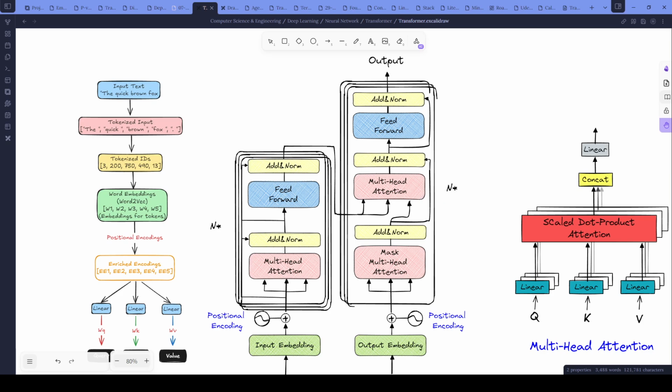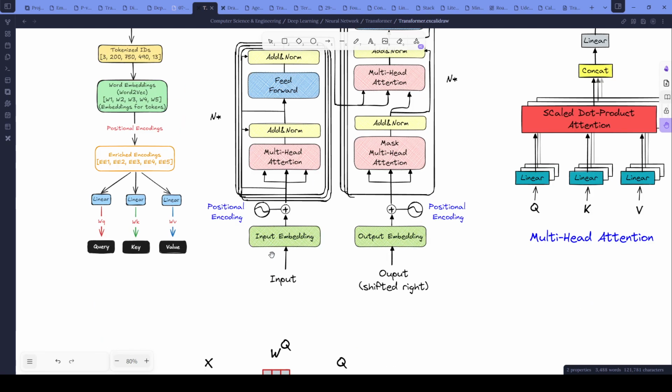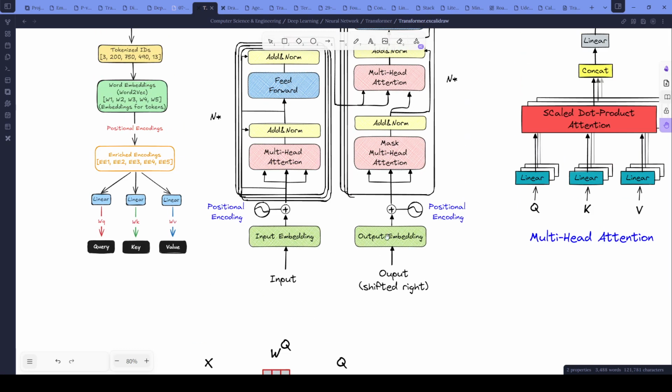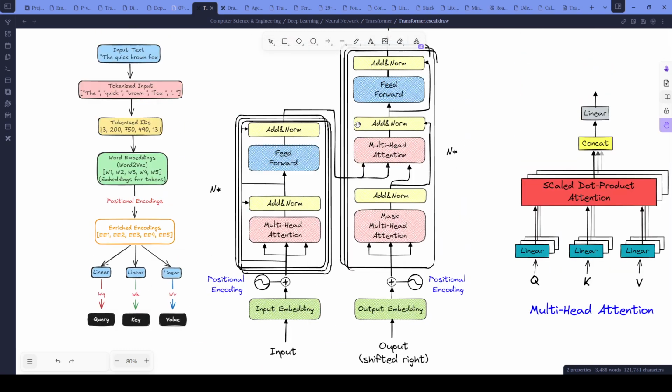In the beginning, just like the encoder, the decoder takes the input text as output embedding too.